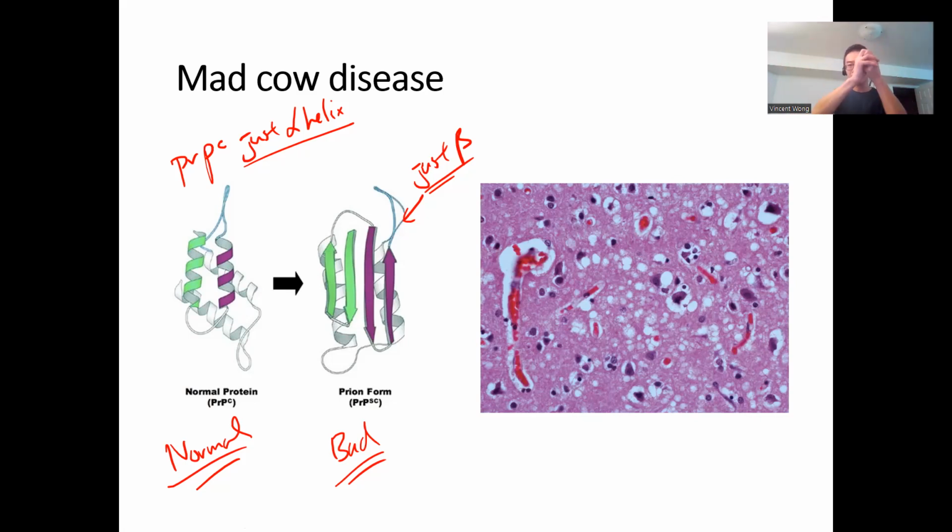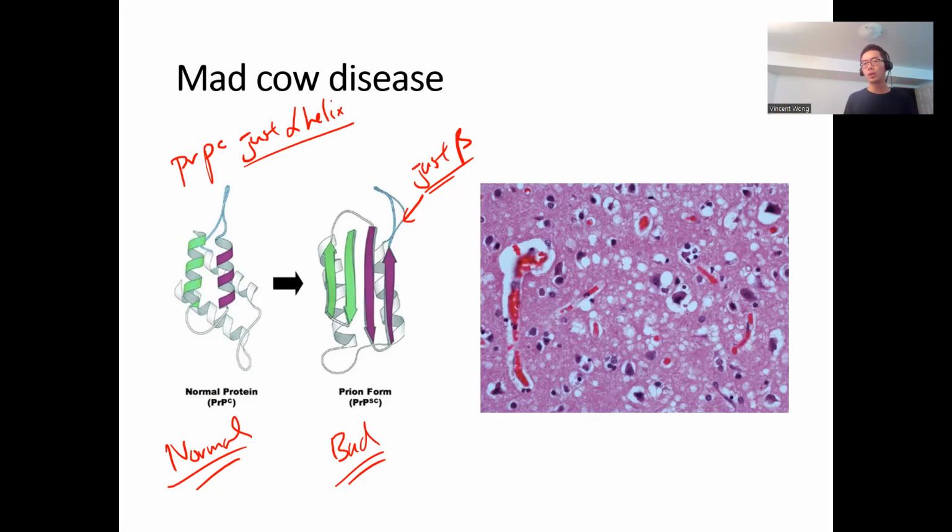The bad one will come, and then now you have two bad ones, and then they will go bind to another two good ones and change them into bad ones. And before you know it, a majority of your normal proteins will be misfolded, okay, and they start to come together, and it causes your neurons to die, and then it leaves holes in your brain, and that's mad cow disease. Does that make sense?